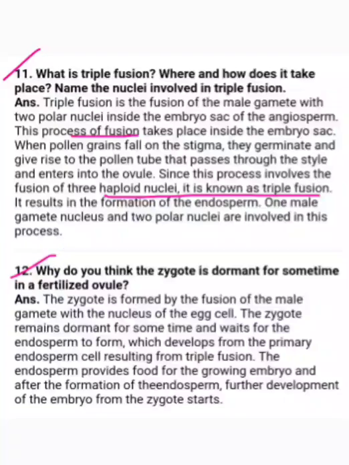And how was the primary endosperm cell formed? By triple fusion. This endosperm will provide food for the growing embryo, and after the formation of endosperm, further development of embryo will take place. Zygote will convert into embryo by taking nourishment from the endosperm.